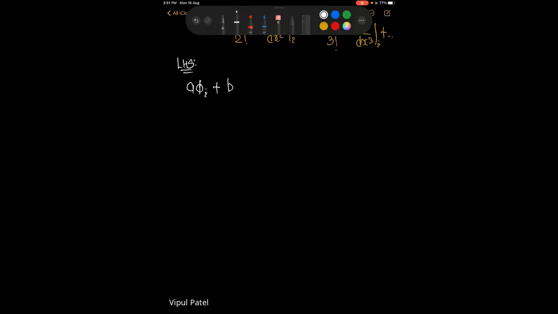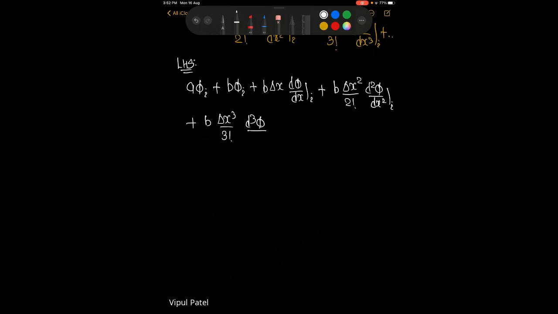Okay, so that's why you have b phi I plus b delta x into d phi by dx at I, plus b delta x square by 2 factorial, then d square phi by dx square at I, then plus b delta x cube by 3 factorial, then d cube phi by dx cube at I.